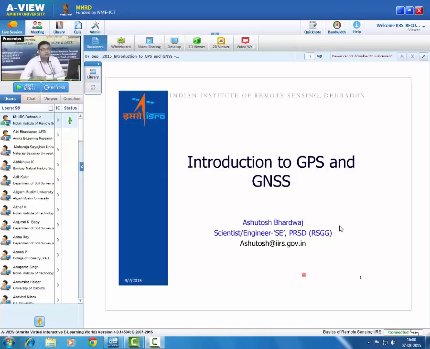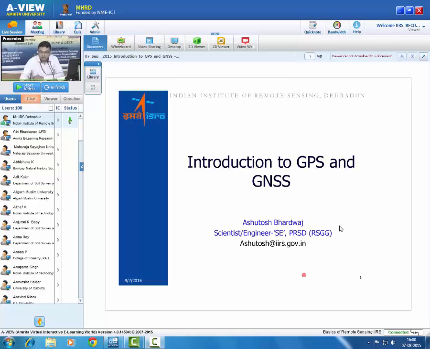Today we are going to start module 2 on Global Navigation Satellite System. It will consist of 8 sessions and one demonstration on GPS. Today we will cover the introduction to GPS and GNSS. Tomorrow we will cover GPS receivers, processing methods, errors and accuracy.